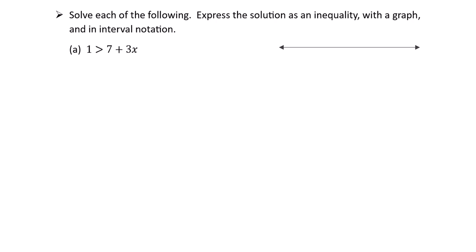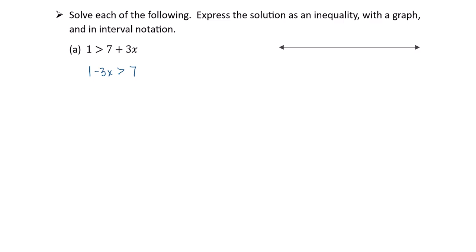1 is greater than 7 plus 3x. There's a couple of ways you can go about this. If you like, you can make sure that you get your x's on the left side and everything else on the other. So let's go with that strategy. I'm going to subtract 3x from both sides.